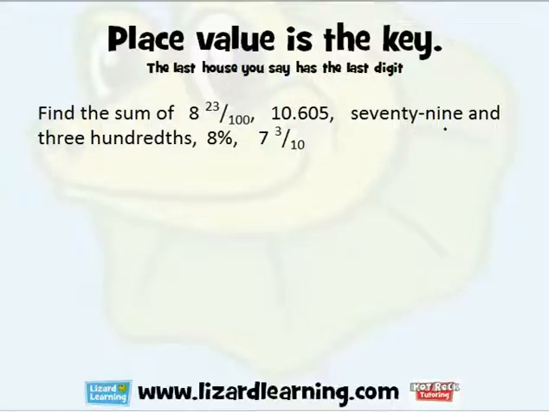Righto. 79 and 3 hundredths, 8% and 7 3/10. What sometimes I tell students to do is pick the number that's got the most digits in it, covers the most ground. That'll be 10. Start with that one. 10 decimal 605. I'll use that one, so cross it out.